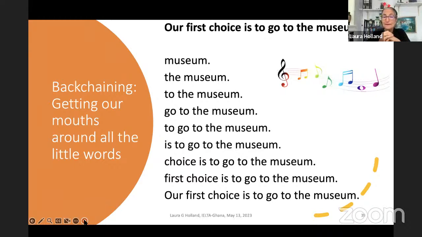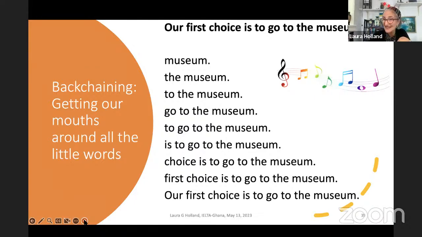Museum. The museum. To the museum. Go to the museum. To go to the museum. Is to go to the museum. Choice is to go to the museum. First choice is to go to the museum. Our first choice is to go to the museum.